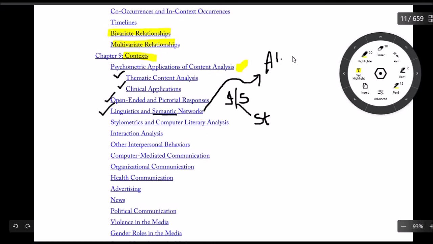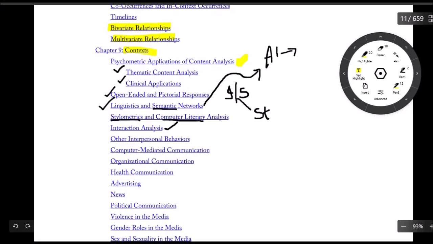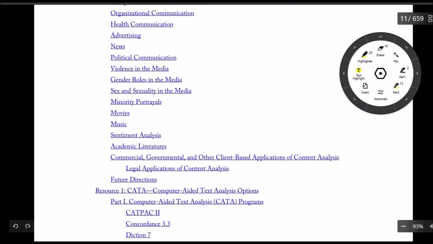Now, thanks to AI, you have a lot of things which are available, so I call them AI networks. You can explore more, and if time permits, then definitely I will go ahead and discuss these things. Similarly, you have psychometrics and computer literary analysis, interaction, and these are some of the techniques that we have.